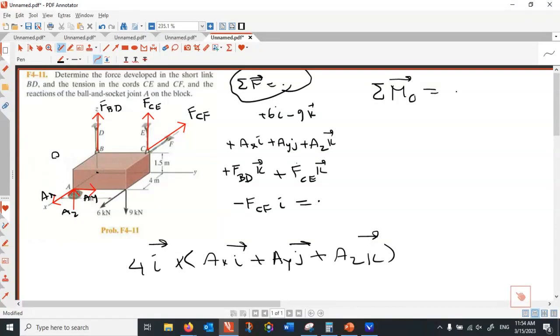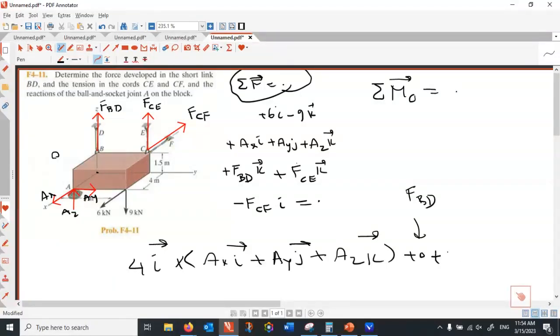So that's only the first step. And the second one, FBD is passing through B, it doesn't make any rotation, plus 0. That 0 is due to the FBD. And what about FC? This is the position vector for FC, that is OC.